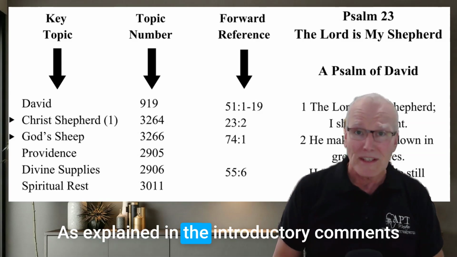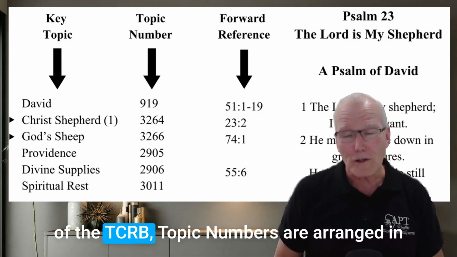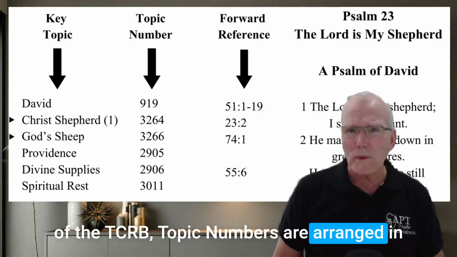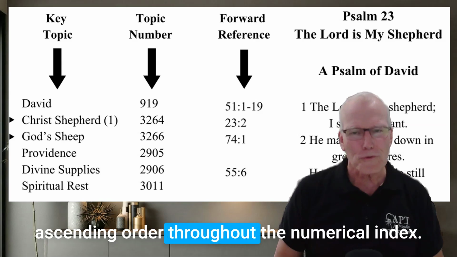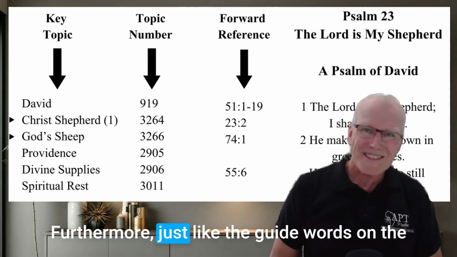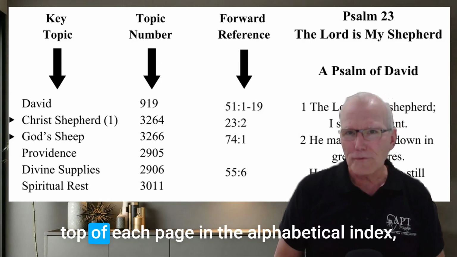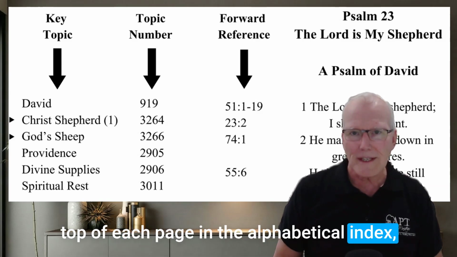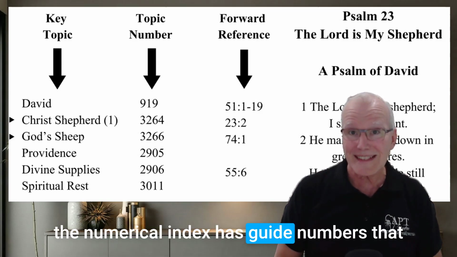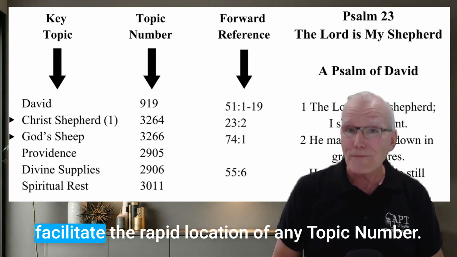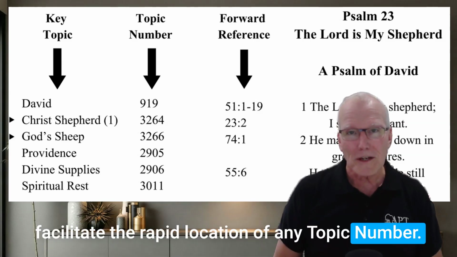As explained in the introductory comments of the TCRB, topic numbers are arranged in ascending order throughout the numerical index. Furthermore, just like the guide words on the top of each page in the alphabetical index, the numerical index has guide numbers that facilitate the rapid location of any topic number.